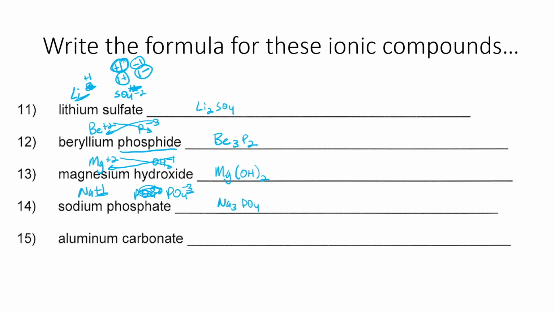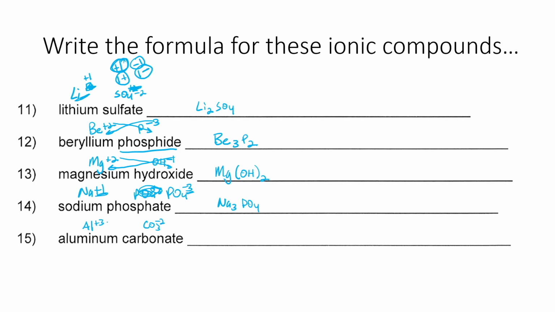Let's do aluminum carbonate now. We saw carbonate earlier, so carbonate's formula is CO3, and it's got a -2 charge. And then we have aluminum, which we talked about earlier. Aluminum has a +3 charge. So again, this is going to be one of those crisscross things.